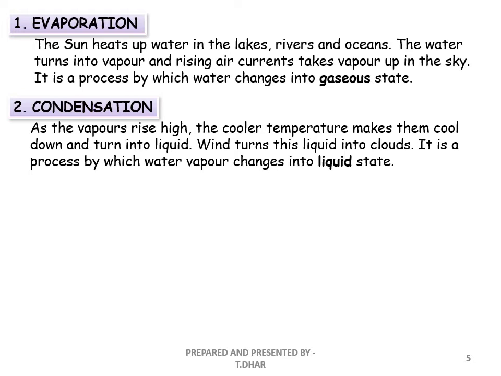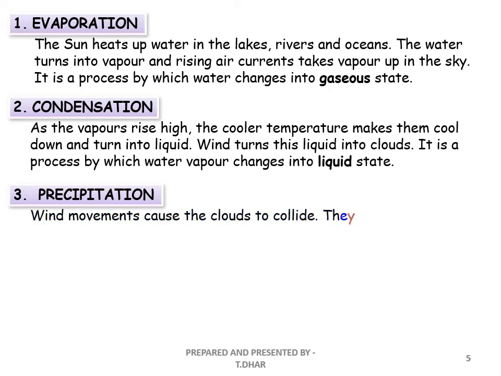So when the vapor rises higher and higher, when it reaches the sky, the cooler temperature turns the vaporized water into liquid. So wind turns this liquid into clouds, and in short we can say that condensation is a process by which the water vapor changes into liquid state.